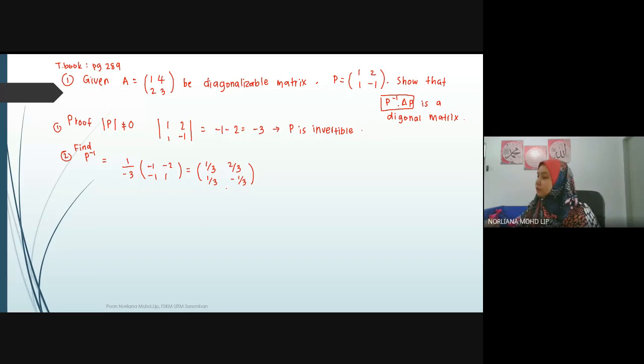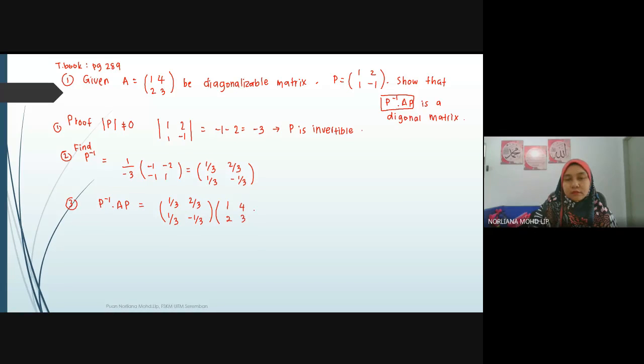So we have the P inverse equal to this one. Then therefore we can find the P inverse times A times P. So I cari 1 over 3, 2 over 3. Okay, multiple with A, 1, 4, 2, 3. Then multiple with P.